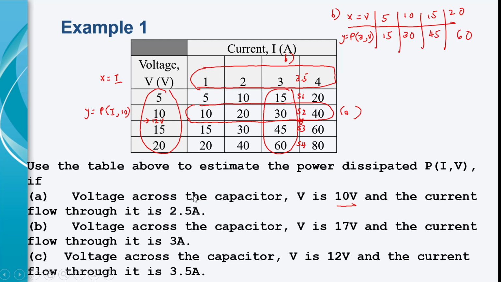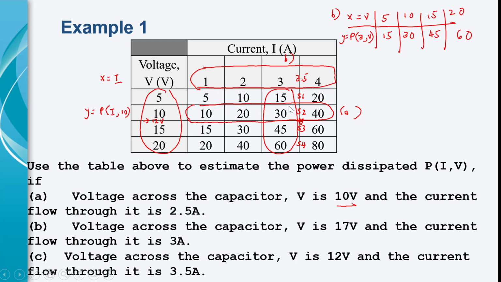If the voltage V is 10 volts, so it's the second row of data, and the current flowing through it is 2.5 amperes. Question A: the voltage is 10, so you can read it from the second row. V is constant at 10, and current I varies as 1, 2, 3, 4.